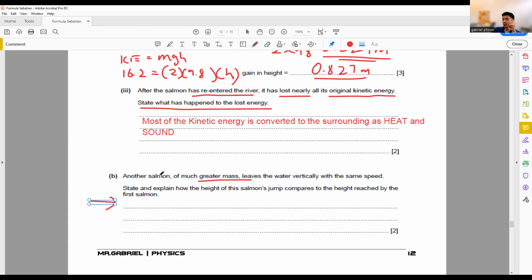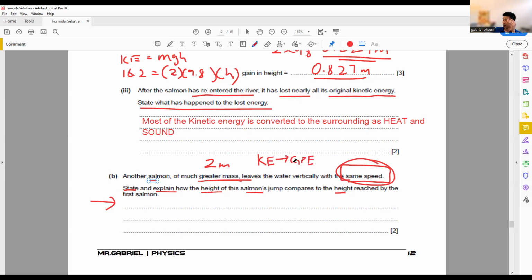So from here on, this is actually testing your understanding. It says that another salmon of greater mass, maybe double the mass, leaves the water with the exact same speed. And they're asking you to state and explain the height of this salmon as it jumps compared to the height reached by the first salmon. Once again, from the same speed going into a certain height, it's kinetic energy converting into gravitational potential energy, right?